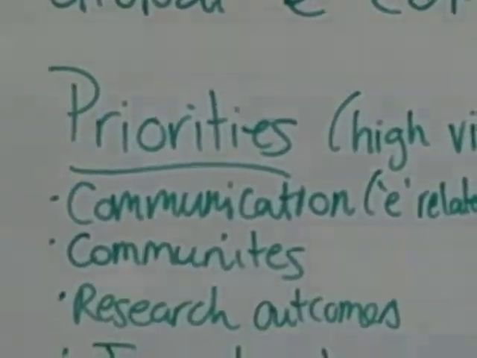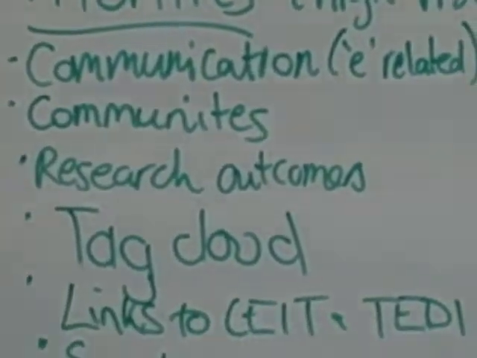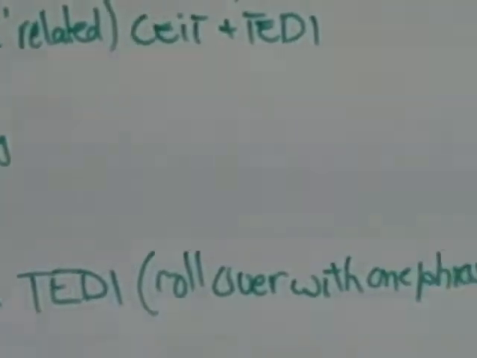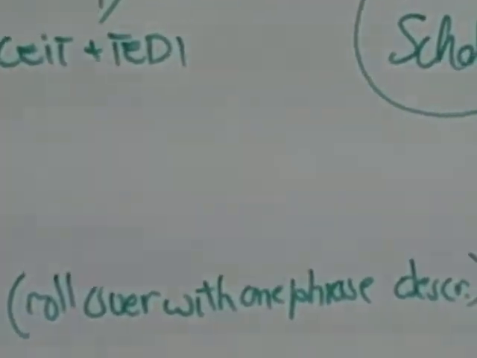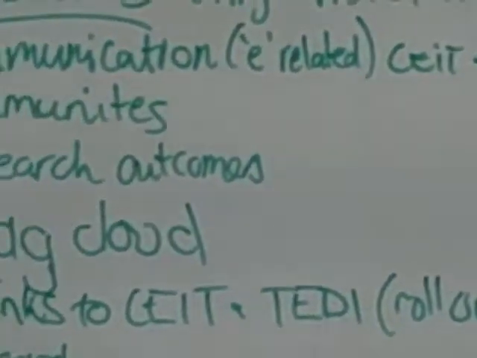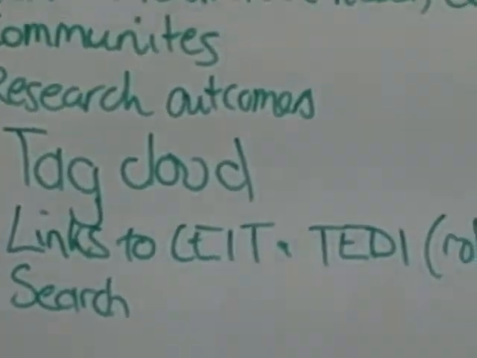Our communities of practice, our research outcomes, the tag cloud, the links to CEIT and TEDI, which would have a little rollover with a phrase or something to entice people to come along to our individual sites as well, and a search mechanism.